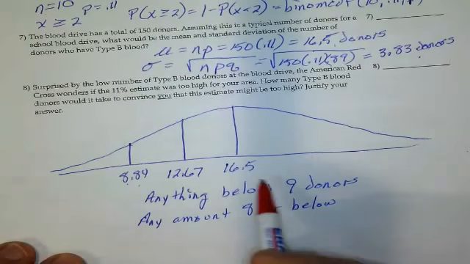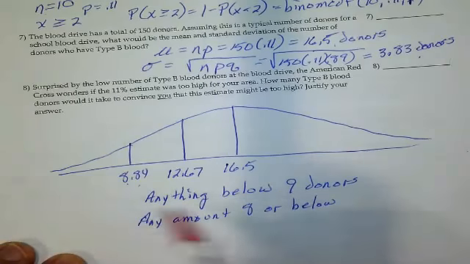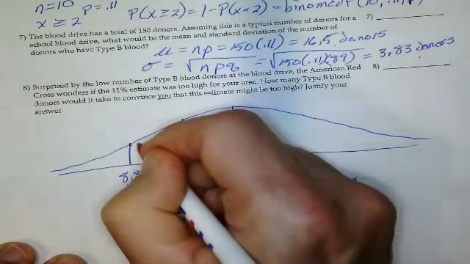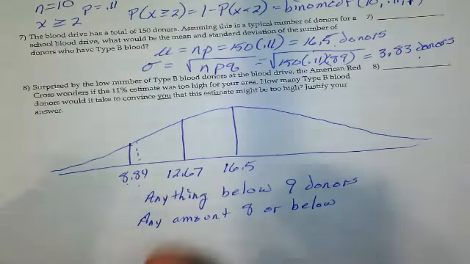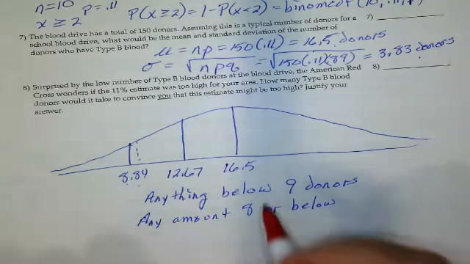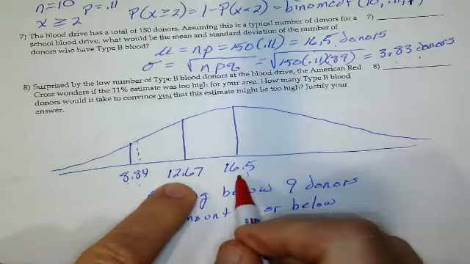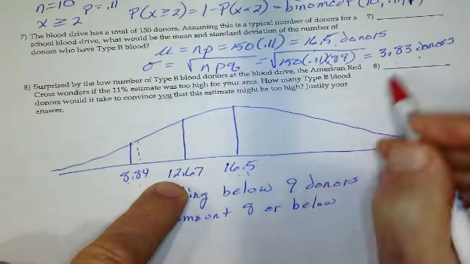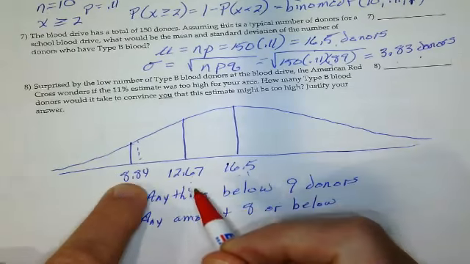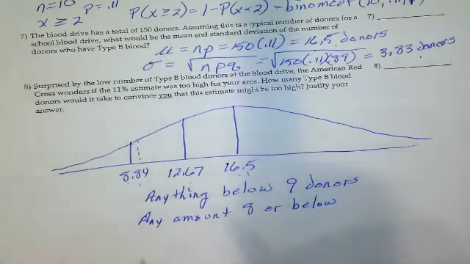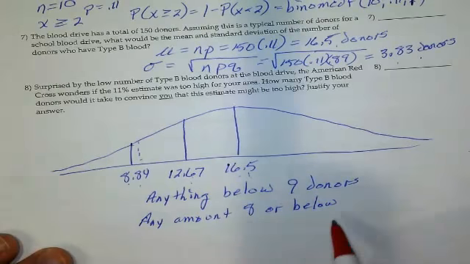Any number 8 or below, because 9 would be right here. So 9 wouldn't be unusual because it's within the 2 standard deviations. Even if we'd have rounded this to 17 and this to 4, that would have made this 13, and 13 minus 4 would have made that 9, and it'd have to be below 9, or 8 or below. We would consider unusual. Otherwise, I think the estimate's okay with us.